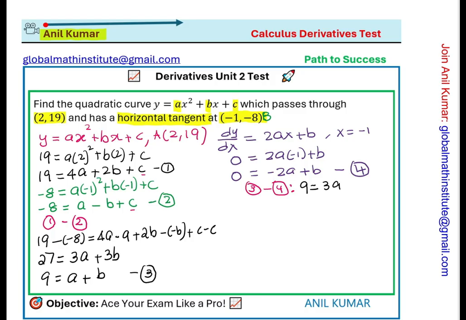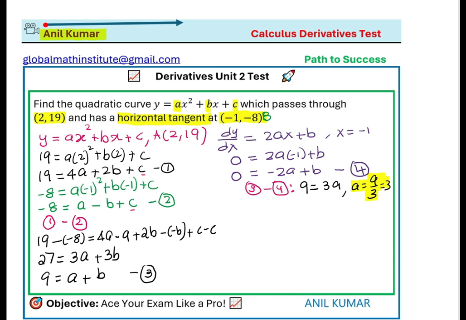From here, we now know that a equals 9 by 3, which is 3. So we know the value of a is 3. Let me highlight this. I've squeezed it in because I want to give you the complete solution in this small space. Makes sense, right?